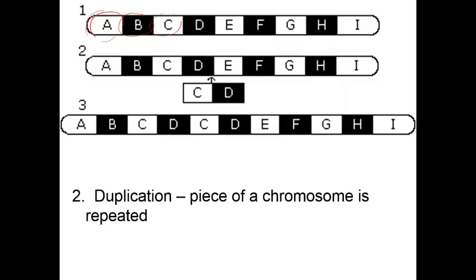But in duplication, a piece of it is going to get copied and repeated. So this CD portion right here, we're inserting another CD portion, so you have that genetic information twice on your chromosome instead of only the once that your body needs. It has extra information, so it kind of slows things down trying to read through all this extra.